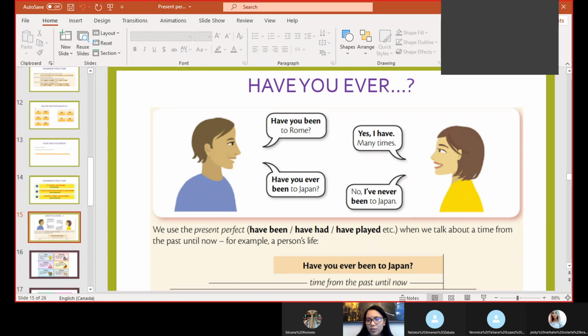To ask about a person's experience in life from the past till now. So that's why we can use this kind of structure for previous travels, previous trips and things like that.